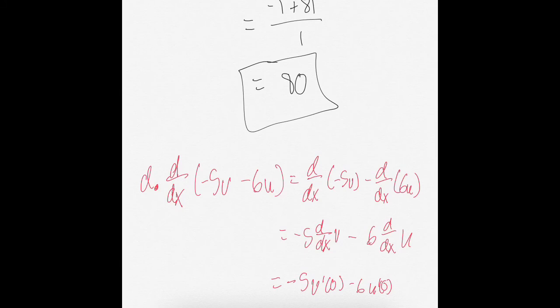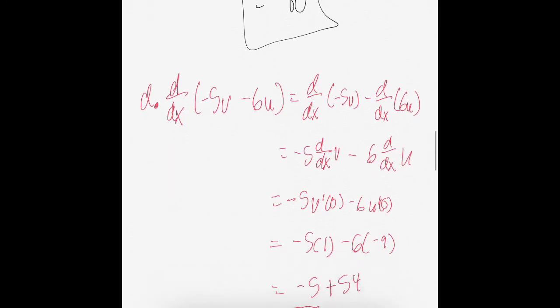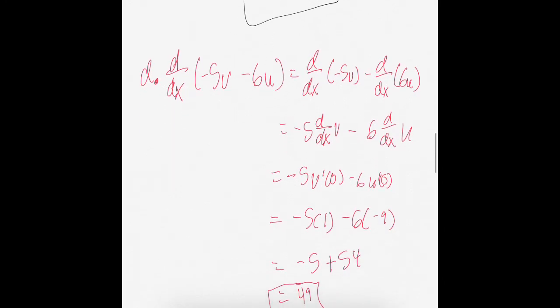So I can pull that -5 out front of the d dx from the v, and same thing with the 6 for the u. And then I just rewrote using notation that was a little bit easier to follow, right? So -5 times v prime of 0 minus 6 times u prime of 0. And once again, just plug in your numbers and compute.